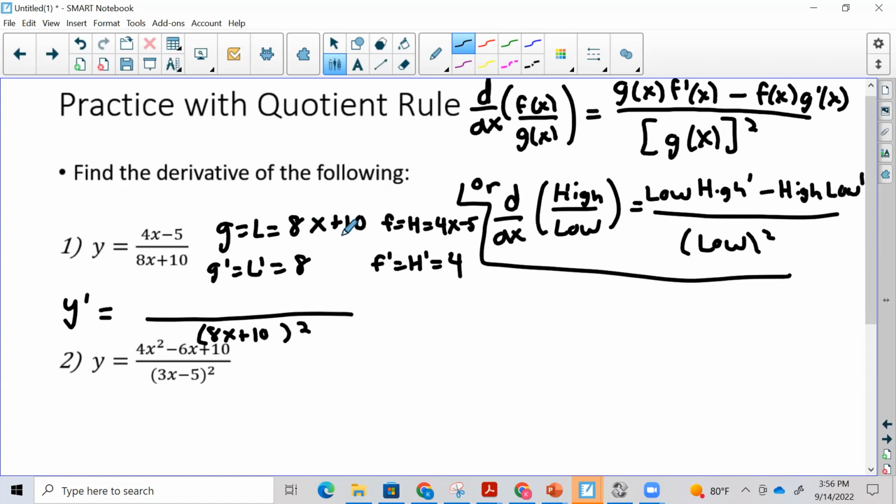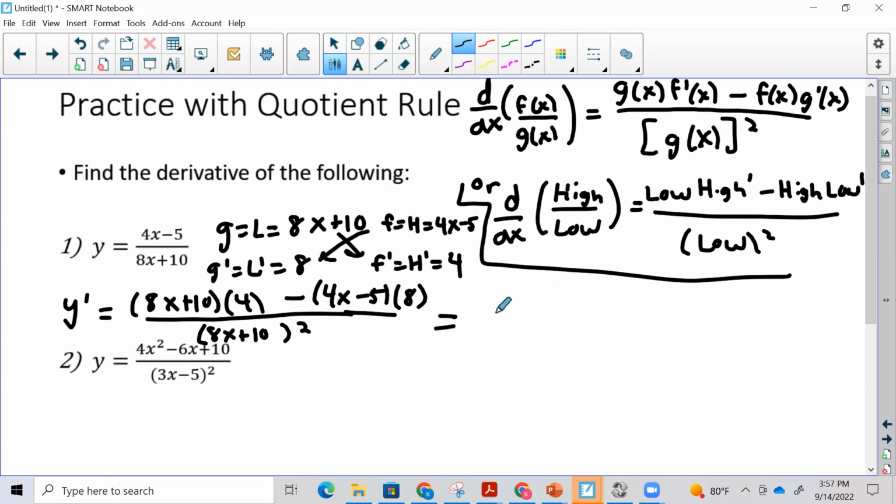I always start with the bottom and multiply by the derivative of the other. So I have low d high, the derivative of that high, minus high d low, all over low squared.